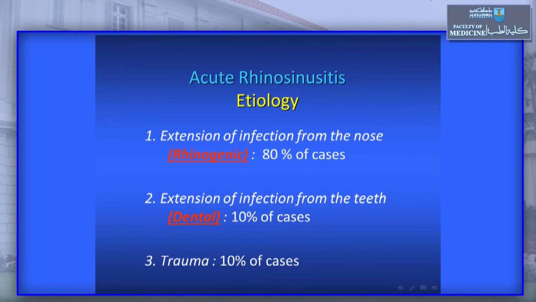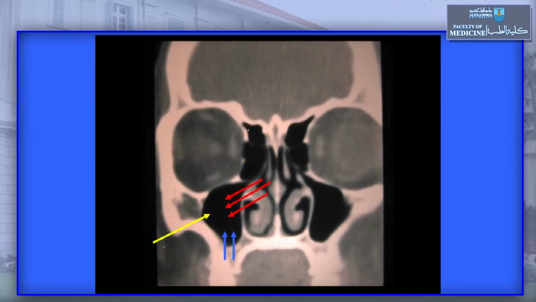The last group of infection can result from trauma to the nose and paranasal sinuses, and this comprises 10% of cases. As I already mentioned, 80% of infections reach the paranasal sinuses from the nasal cavity, and this can occur following an attack of acute viral rhinitis.